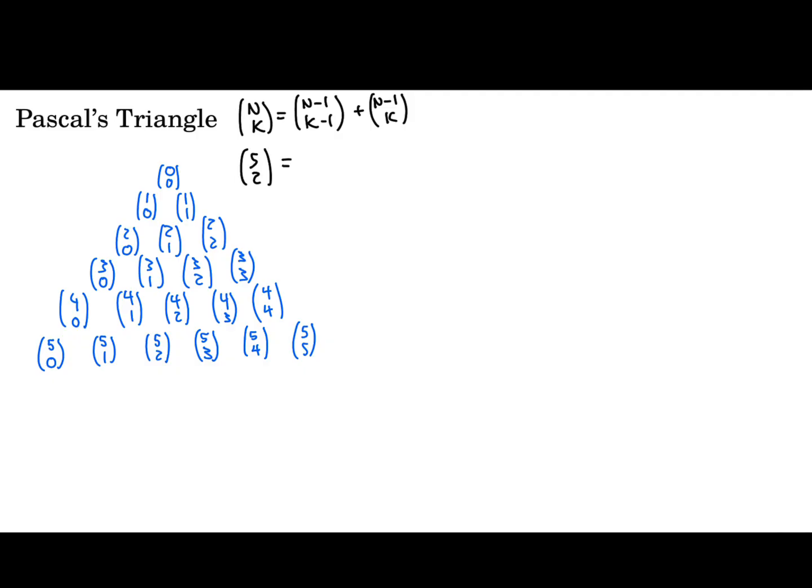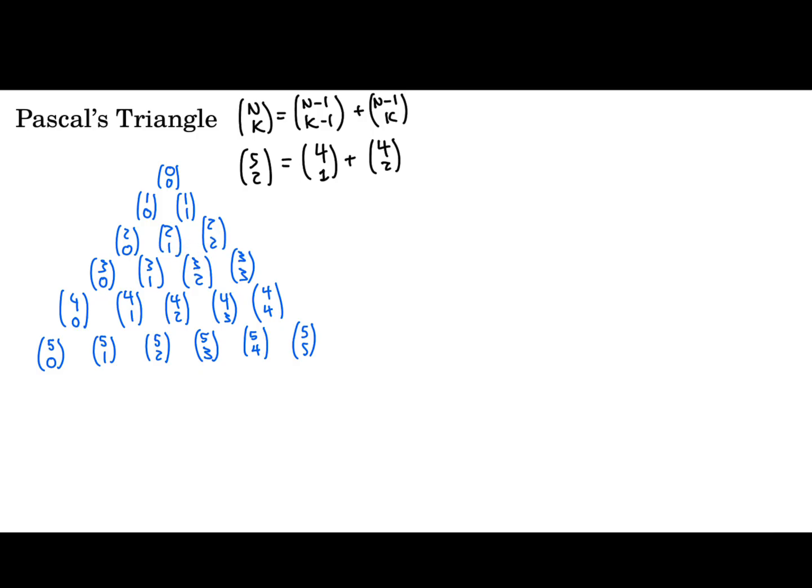So 5 choose 2 will be the sum of 4 choose 1 plus 4 choose 2. And what this means in the drawing here is that this 5 choose 2 is the sum of 4 choose 1 plus 4 choose 2. So this is the sum of these two. And if you replace for all of them, you'll see that it's always the case that an entry here is the sum of the two above them.